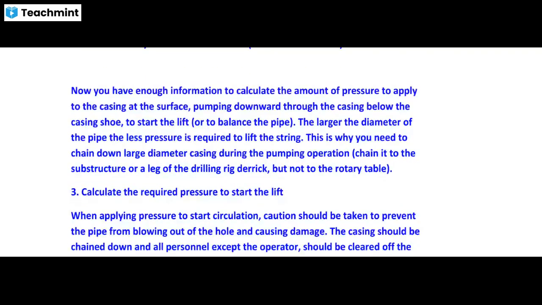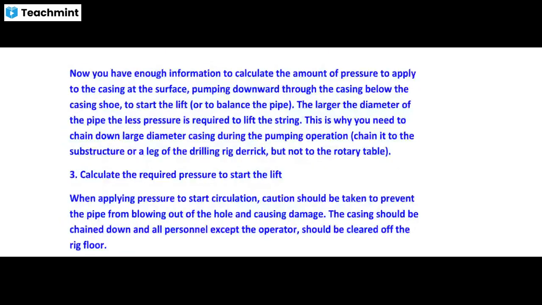So next, after this, what you have to do? You have to calculate the required pressure to start the lifting. Before that, we have the information to calculate the amount of pressure to apply to the casing at the surface. Pumping downward through the casing below the casing shoe will start the lifting.